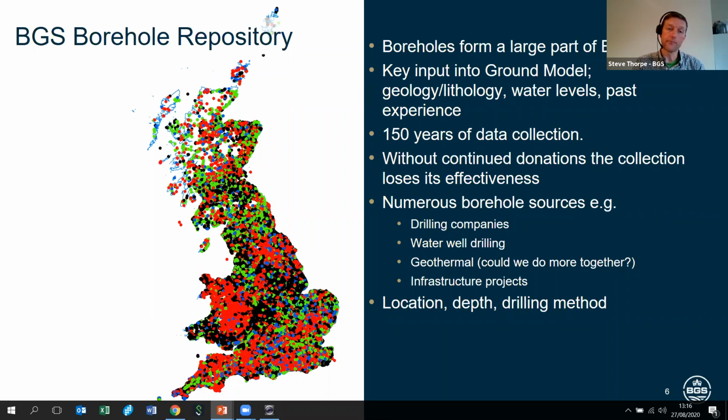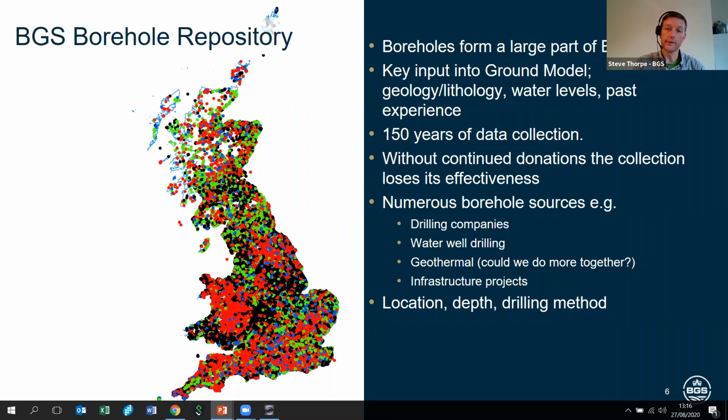The data set also has a series of metadata attached to it. So it's got things like, obviously, its location and its depth, but also start height, who drilled it, why it was drilled, that kind of stuff. So there's lots of information that you can find out using our GeoIndex, which we'll go on to talk about very shortly.